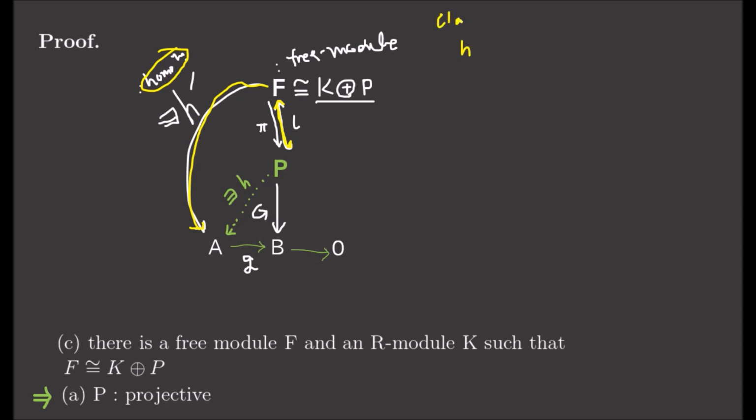So if we just put the claim, if H is the inclusion map and H prime, then this is clearly positive. Check that this is an R-module homomorphism. But this is clear because this is also a homomorphism, and this is also a homomorphism. So the composition of homomorphisms is also a homomorphism. So we can check that. And another claim is to check the commutative relation.